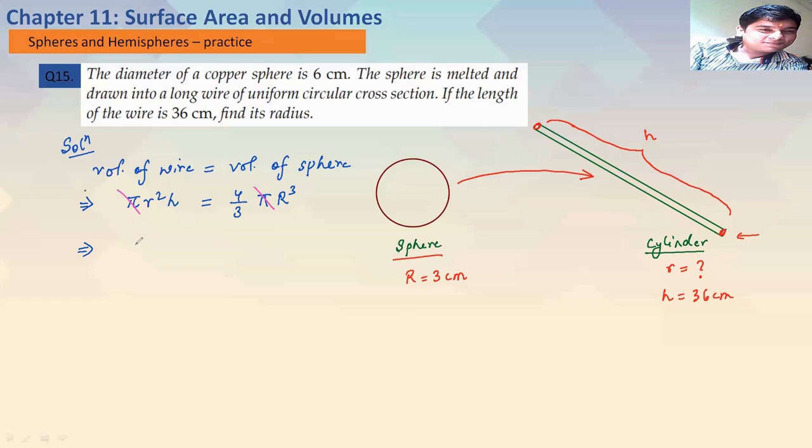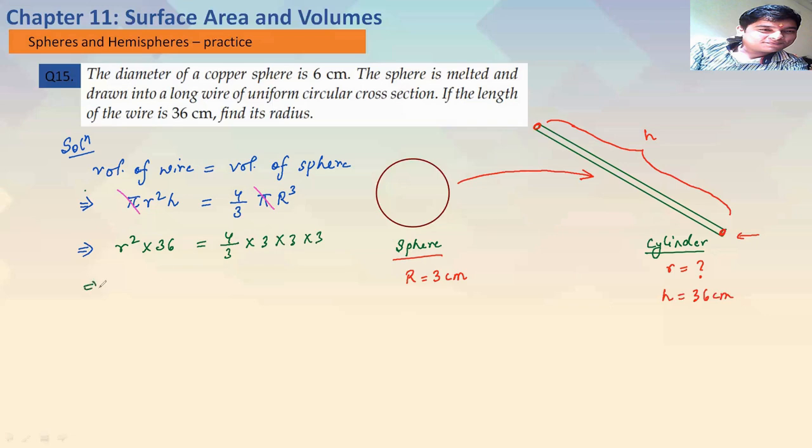Our radius of the wire is to be found out. r squared times h, which is 36, equals 4/3 R cube, 3 into 3 into 3.